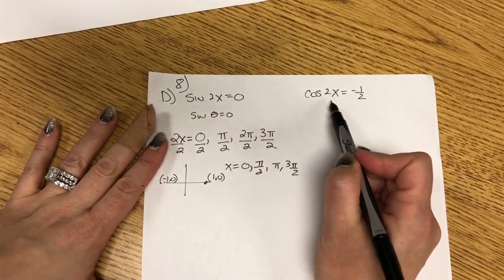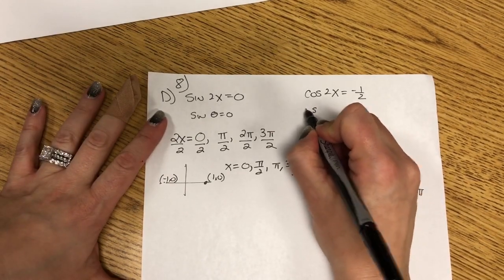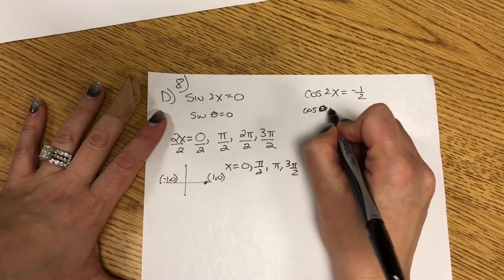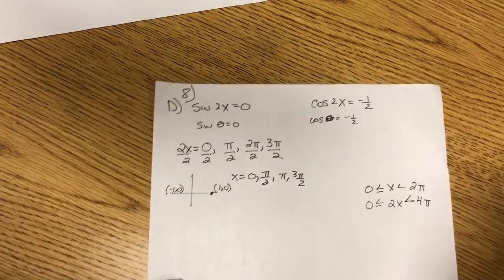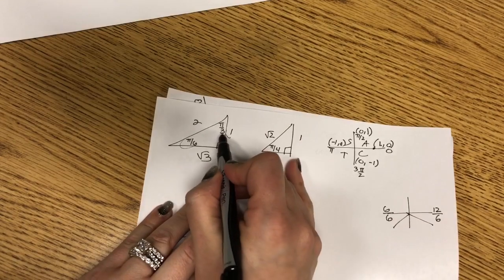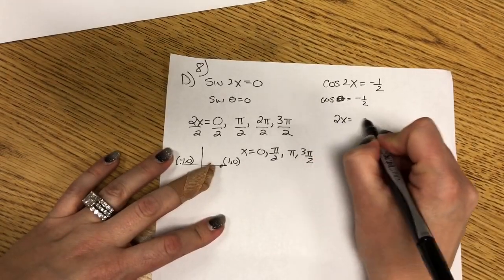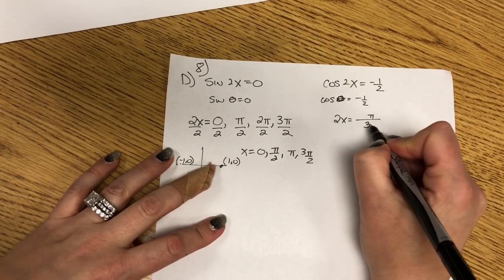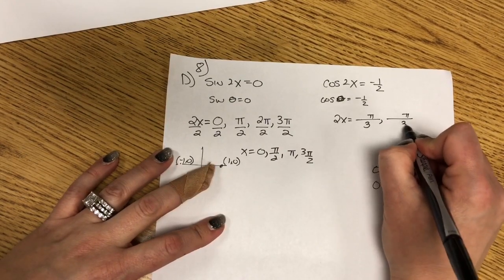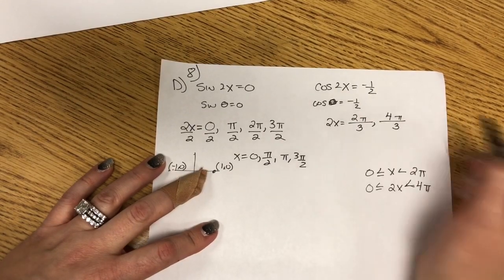So now I'm going to do the same thing with cosine and then negative 1/2. I'm going to think, when is cosine of theta negative a half? So going back to my triangles, oh look, that was nice. Cosine is pi over 3. But then negative puts me in the second quadrant and the fourth quadrant.